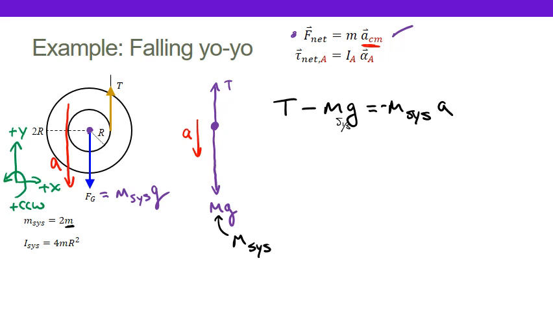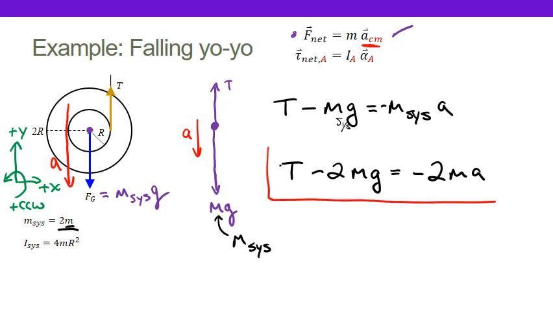Of course, the mass of my system is 2m, and so when I write out my equations now, I get T minus 2mg equals minus 2ma. There's my equation using my variables, and we can call that equation 1.